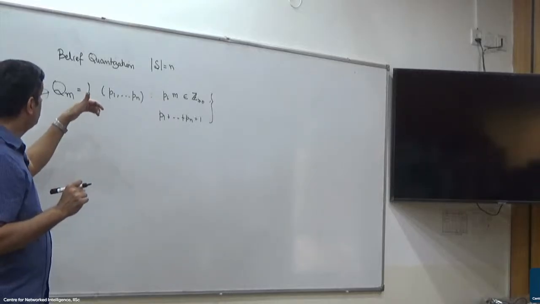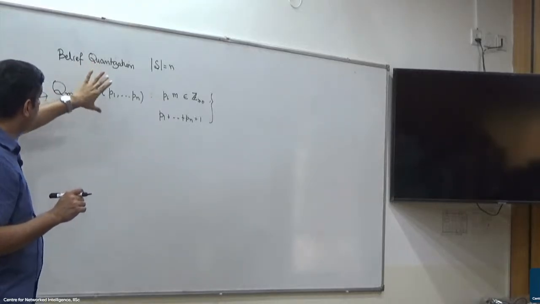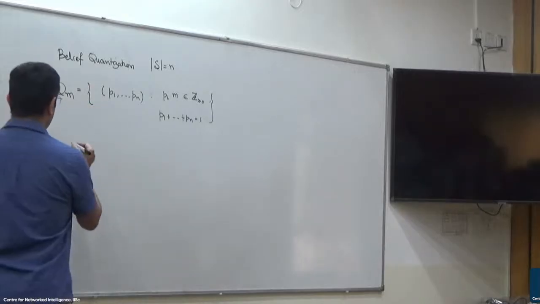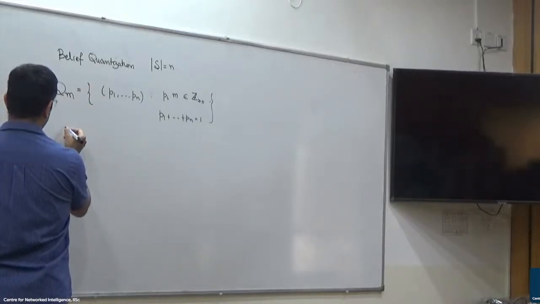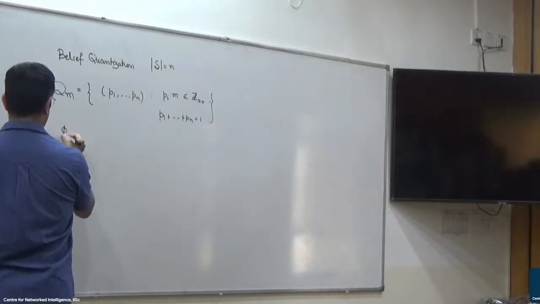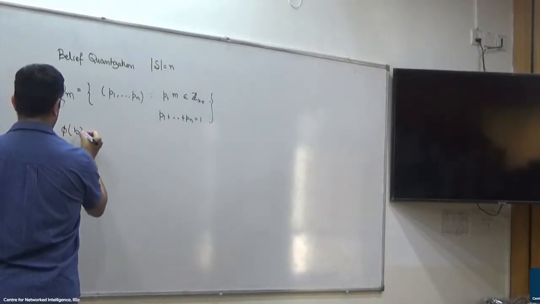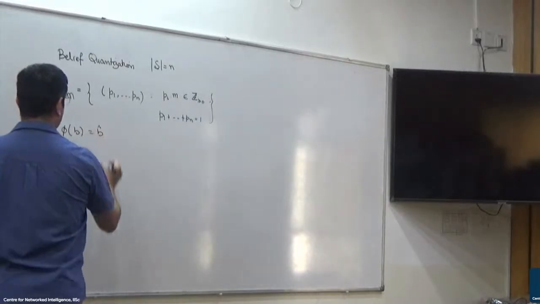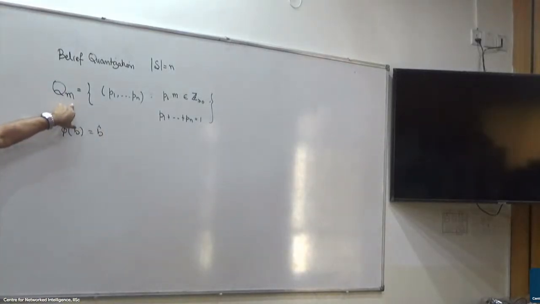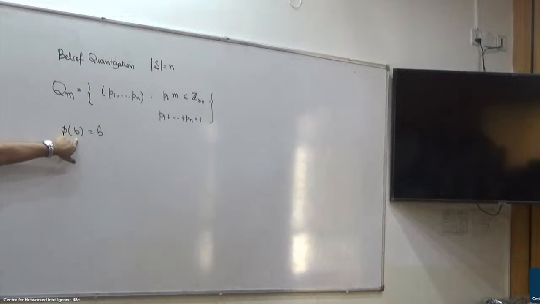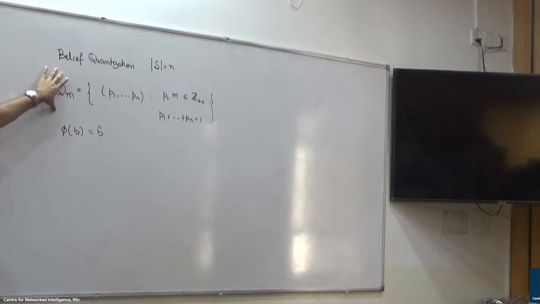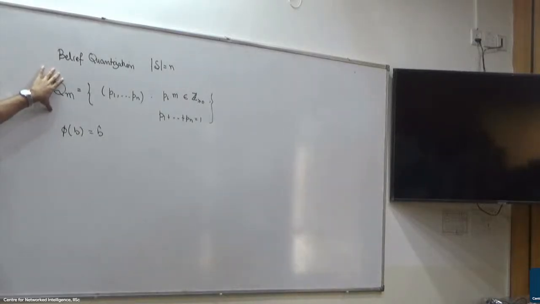And clearly what I'm interested in is, let's call phi of b, b hat, the closest point in Q_m that corresponds to any belief. There is a lot of work in information theory, for those of you who have taken an information theory course, these are like type sequences, and there are a lot of results on their properties.